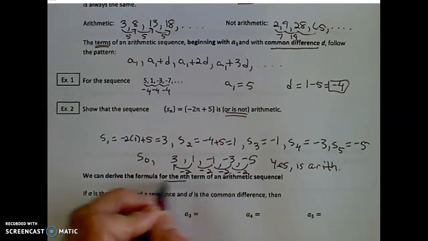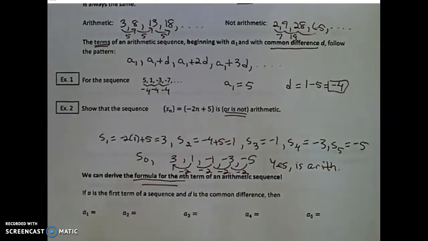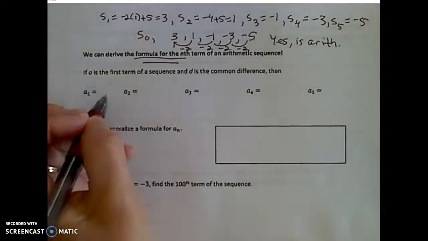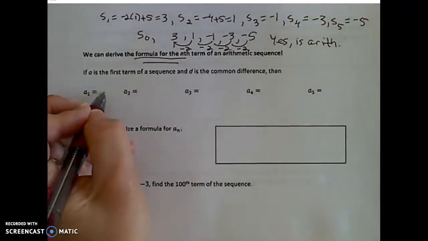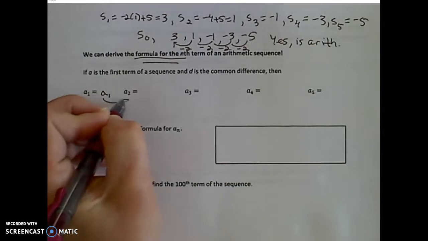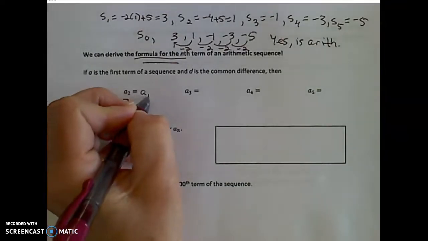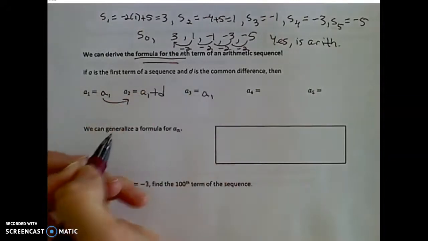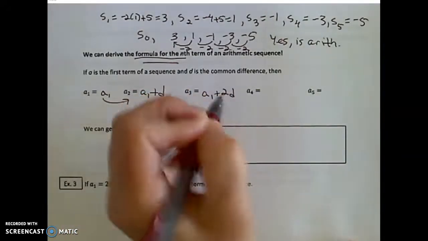We can derive a formula for the nth term for an arithmetic sequence. Again, some of this might look familiar from Honors Math 1. If the first term of an arithmetic sequence is just a sub 1, and then I add to it that common difference, I get a sub 1 plus d. If I add another d, I get a sub 1 plus 2 of those differences we saw before.